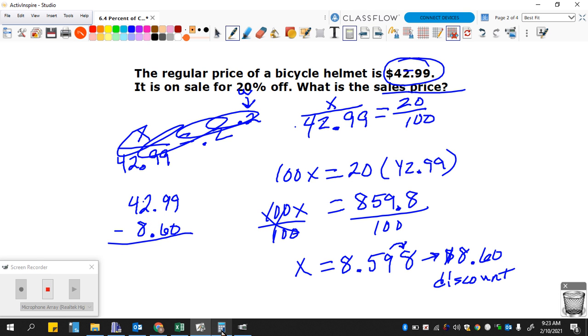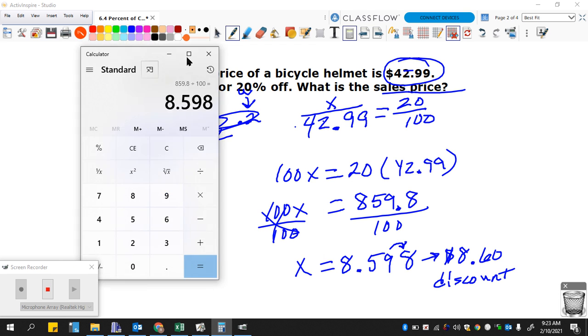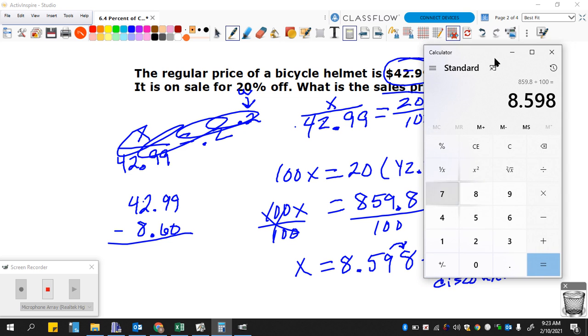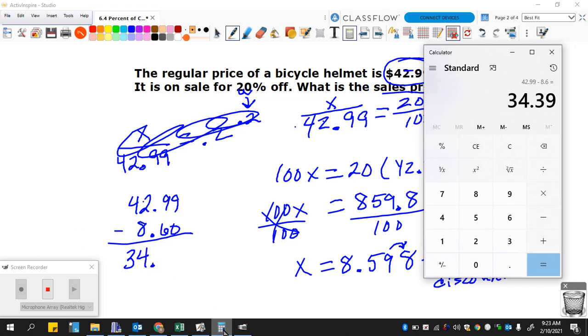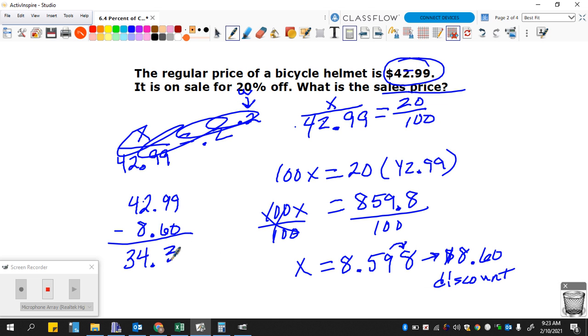And when we do that, we move this calculator over. 42.99 minus $8.60 gives us that the sale price is going to be $34.39. Okay. Now, when you write this, make sure you put the dollar sign. And make sure that you always have two numbers after the decimal point, unless it's a whole dollar amount.